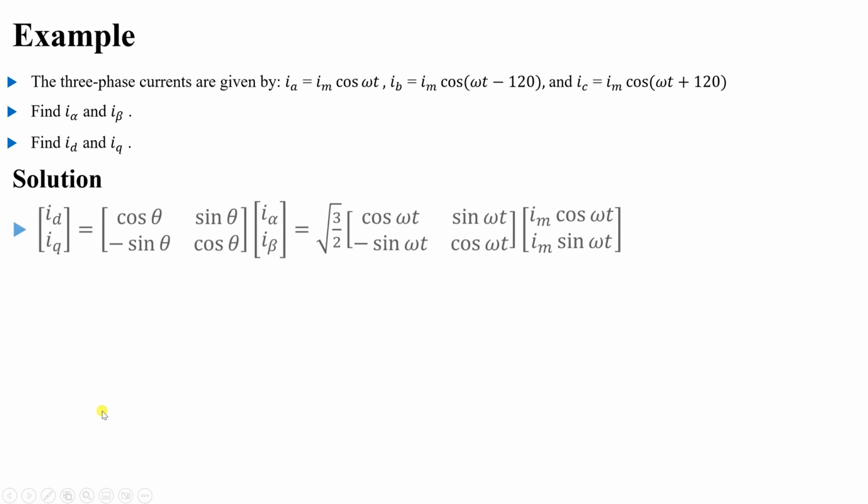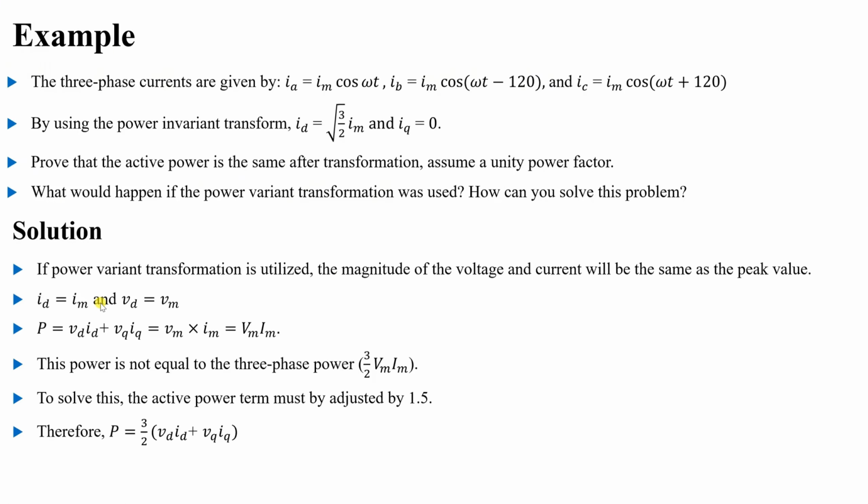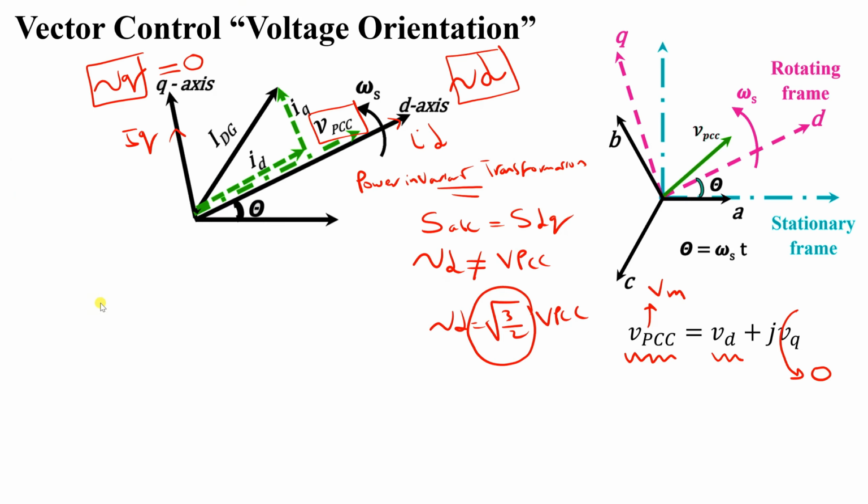Similarly, IQ is equal to 0 and ID is root 3 over 2. So what we can see here is that ID compared to the maximum value of the three-phase is multiplied by root 3 over 2. So this is the same factor that I used here in this explanation. You can see that VD has root 3 over 2. Why? Because we used the power invariant transformation. And I will explain why we used the power invariant transformation right now.